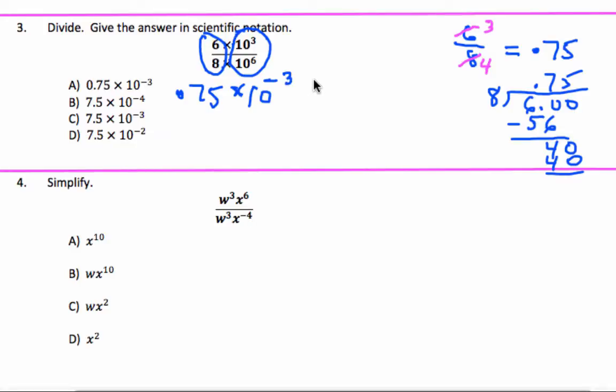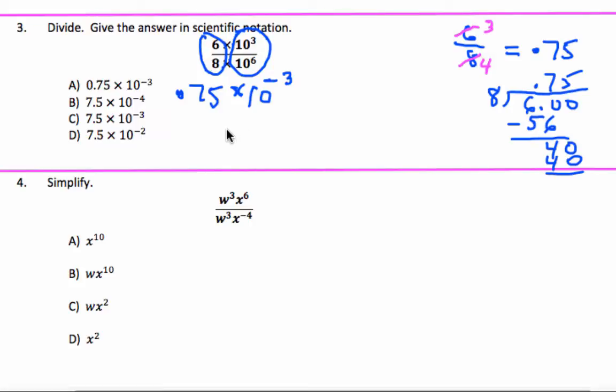Now, if you look at the choices, that is one of the choices, but it's the wrong choice. Not because the answer that we came up with does not have the right value, but because it's the wrong form.